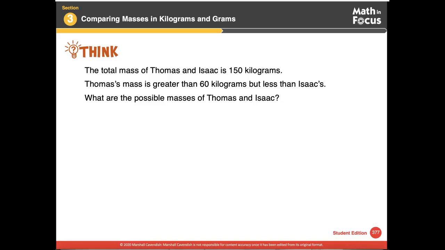It's a lot easier because right now they're both in kilograms. So if they're both adding up to 150 and Thomas's is greater than 60 but less than Isaac's, what are the possible masses? Let's learn how we can do that.